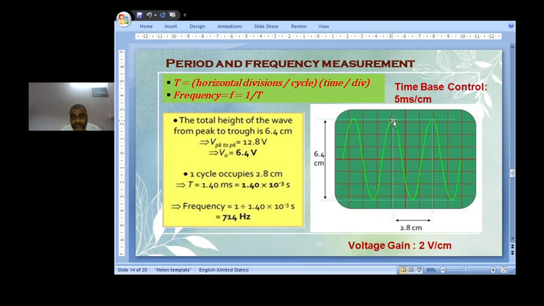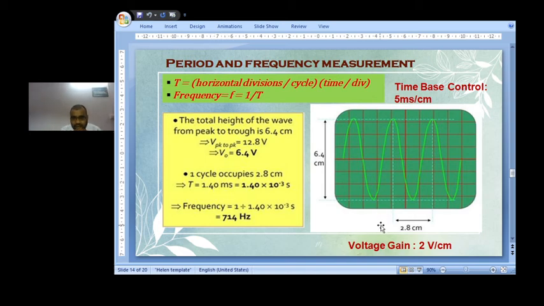Just to see, this one complete cycle is 2.8 centimeters. And if each centimeter corresponds to some time value, then T equals 1.40 millisecond.